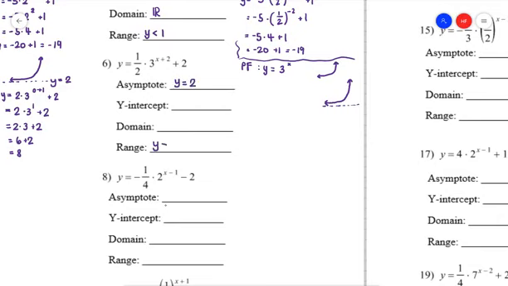We're going to be everything greater than 2. We're going to find that y-intercept. One half times 9 plus 2. 9 over 2 plus 2, which is 13 over 2.